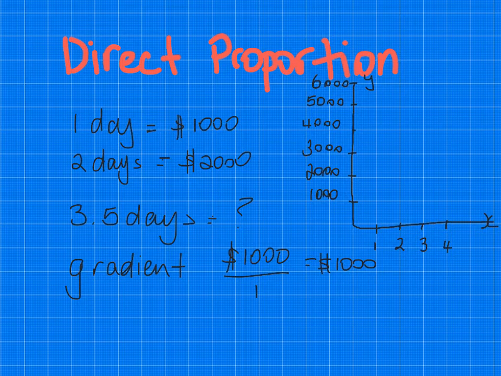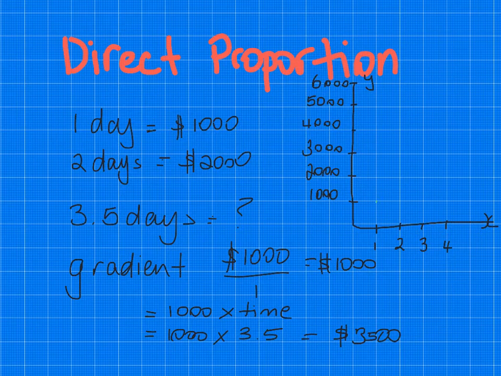In order to work out what our rule is, we need to times $1,000 by the time. In this case, it's 1,000 multiplied by 3.5, which will give us $3,500.